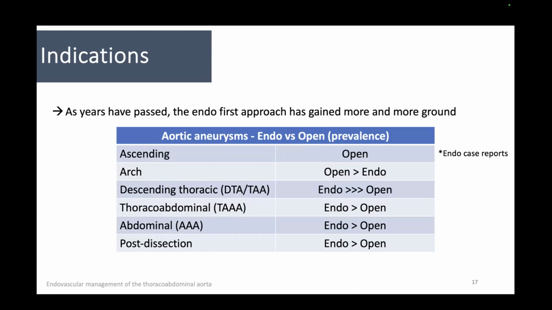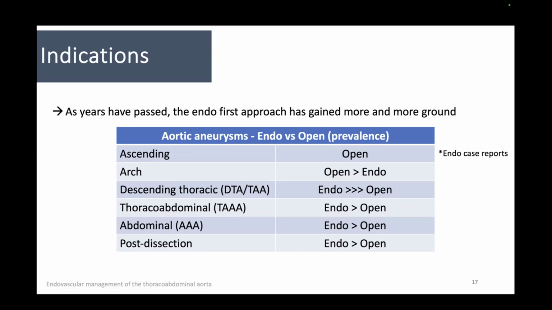In the arch, open is still way more used than endo, but endo is gaining ground there too. For the descending thoracic aorta, for simple TEVARs, it's now very much endo first for most cases, besides maybe collagen diseases and infections.